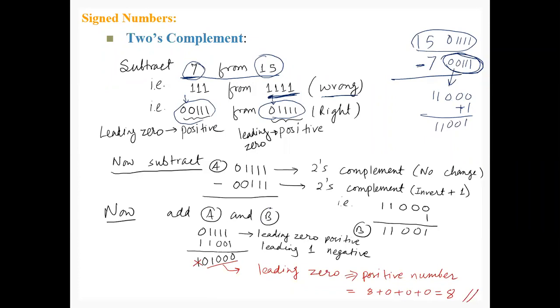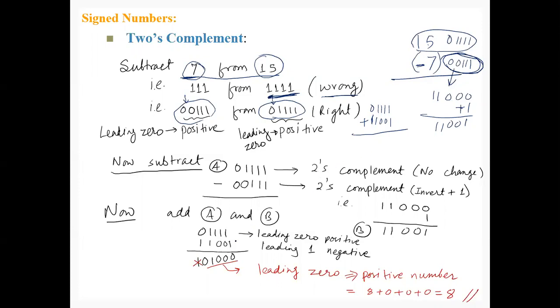So now you have two numbers: 0 1 1 1 1 and 1 1 0 0 1. Now you have to add them together, because subtracting 7 from 15 is exactly the same as adding -7 to 15. That's why you add them together.